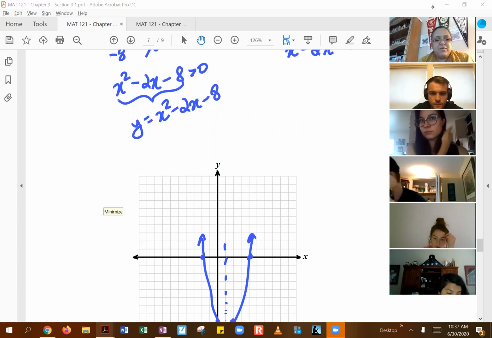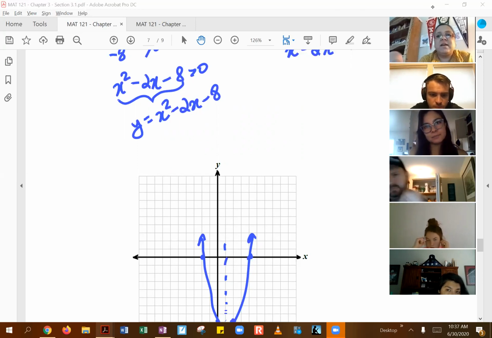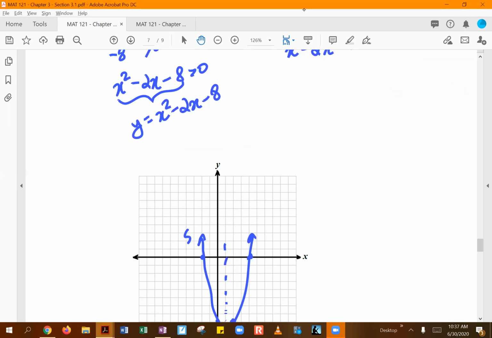At 4, 0? Again, Lori, you're giving me a point. It's got to be an interval. Grace, you've got negative infinity to negative 2 union 4 to infinity. Very good, very nice. Yeah, because this part of our graph is where your y values are greater than 0. And this is again where the y value is greater than 0.